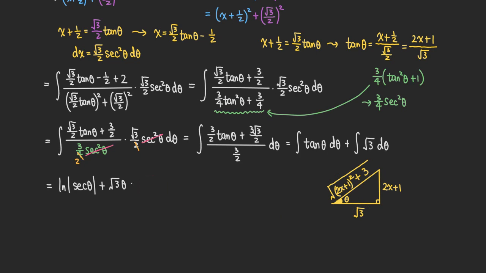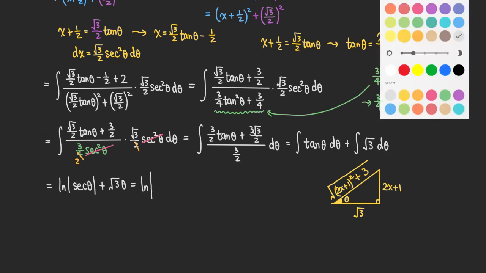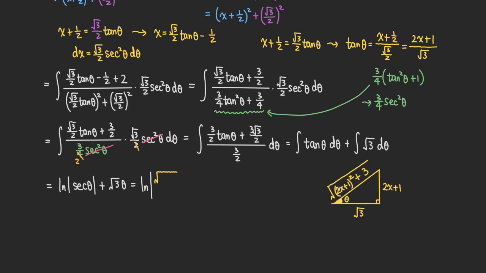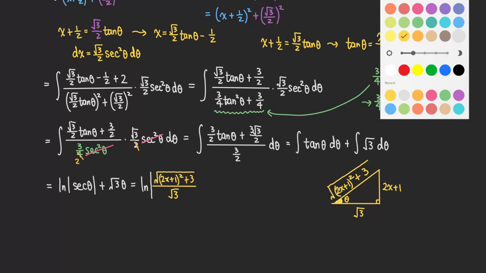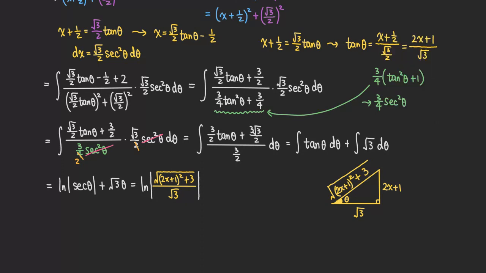We're ready. So we can write an expression for secant theta, which is the hypotenuse over the adjacent, right? So you are going to get ln of the absolute value of the square root of (2x plus 1) squared plus 3, all over the square root of 3, and then plus the square root of 3.